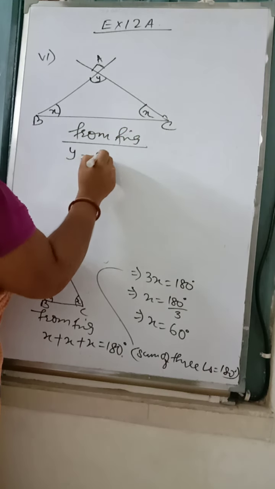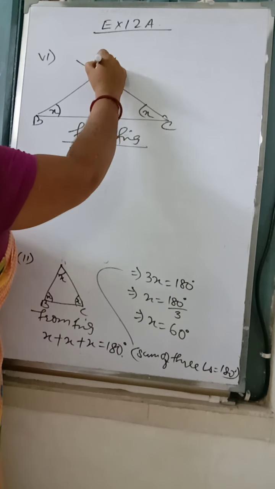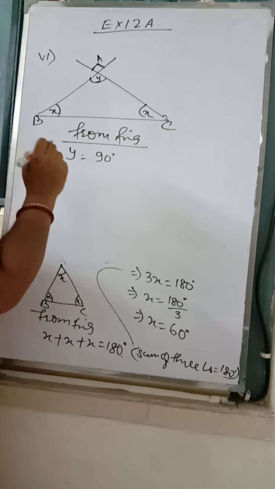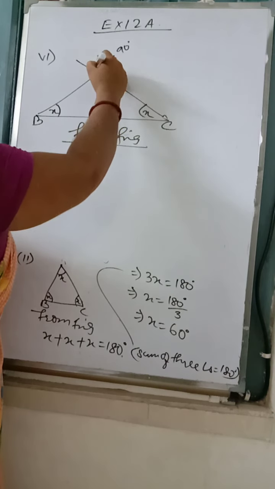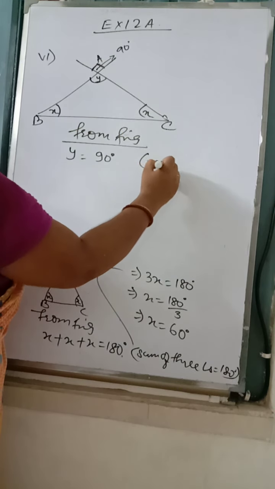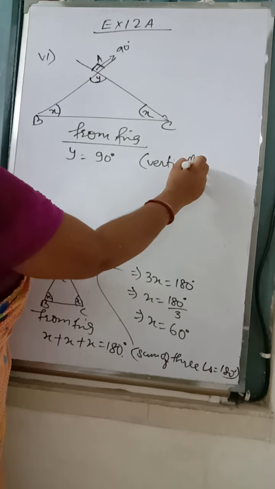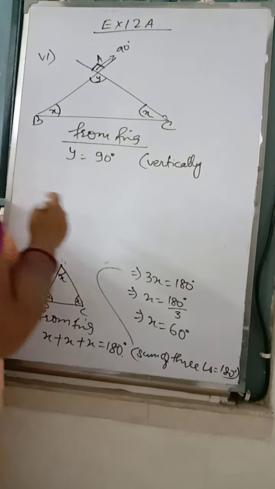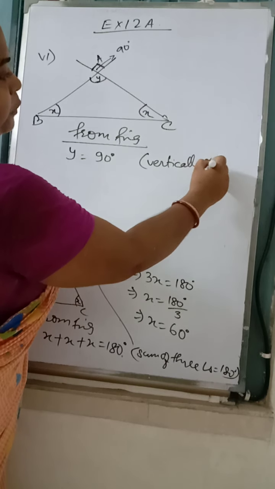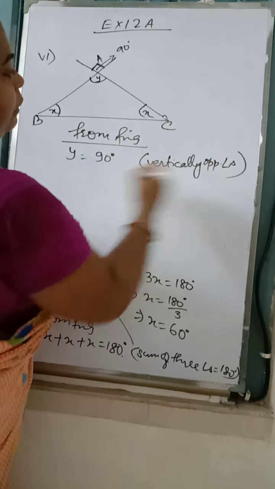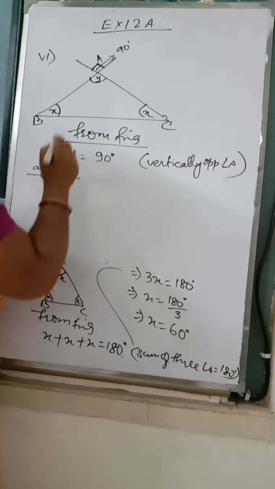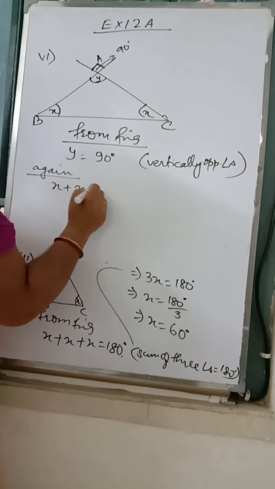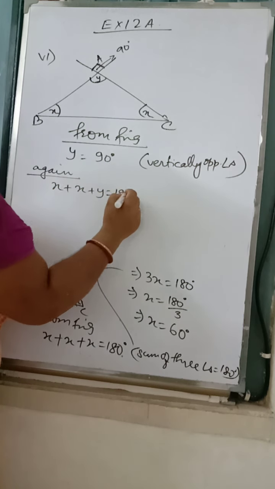Now from figure what can we see? Y is equal to 90 degree, because this symbol represents 90 degree. Is it? This symbol means it is 90 degree. So Y is a vertically opposite angle. I have not told you, but I am telling you because already you have learned vertically opposite angles are always equal. So if Y is 90 degree, again we can write X plus X plus Y is 180 degree.